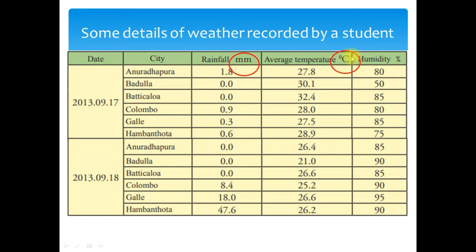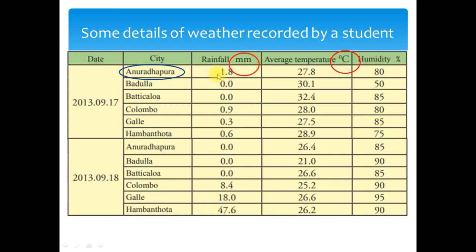That is degrees Celsius. Which city recorded the highest rainfall on 17/9/2013? That is Anuradhapura, and the rainfall is 1.8 millimeter.